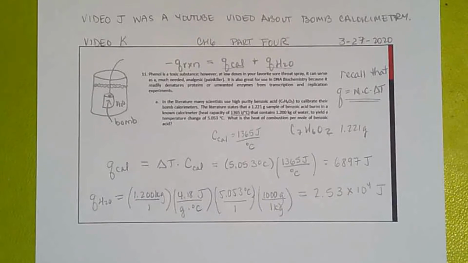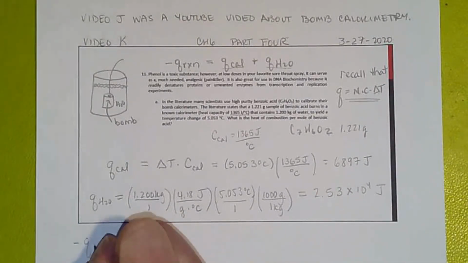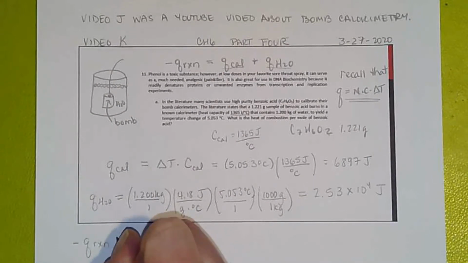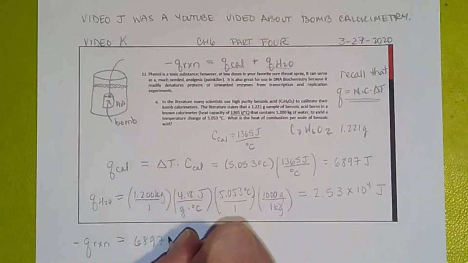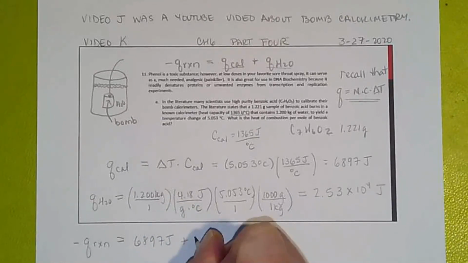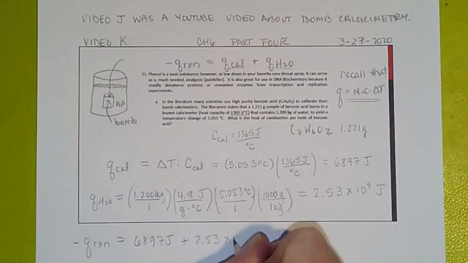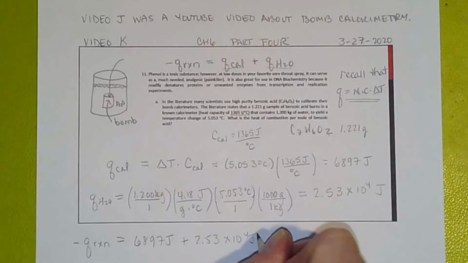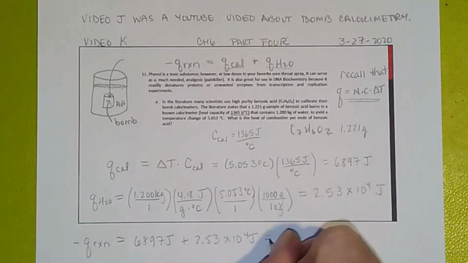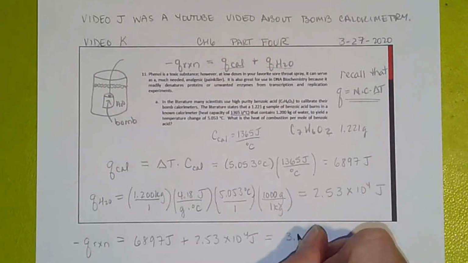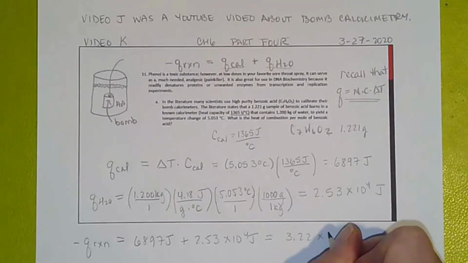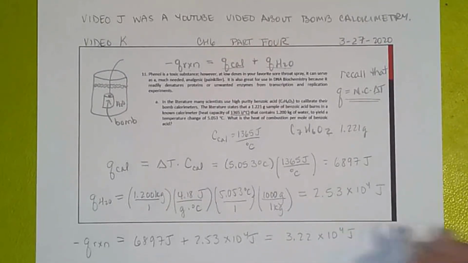So let's go ahead and add those together. So negative Q reaction is going to equal 6897 joules plus 2.53 times 10 to the 4th joules, and that gives us 3.22 times 10 to the 4th joules.